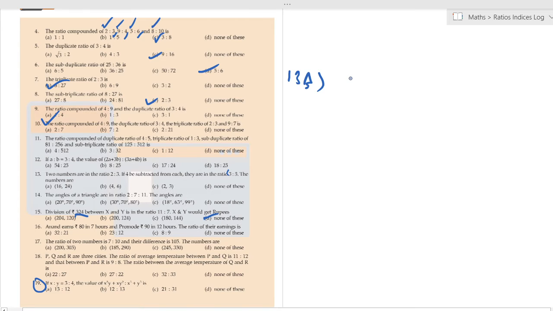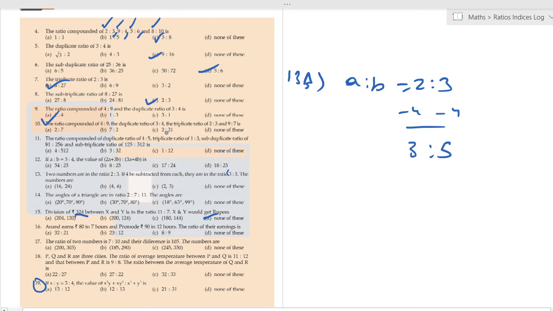Let's say they are A and B, equal to 2 is to 3. If 4 is subtracted from each, the ratio that you get is 3 is to 5.